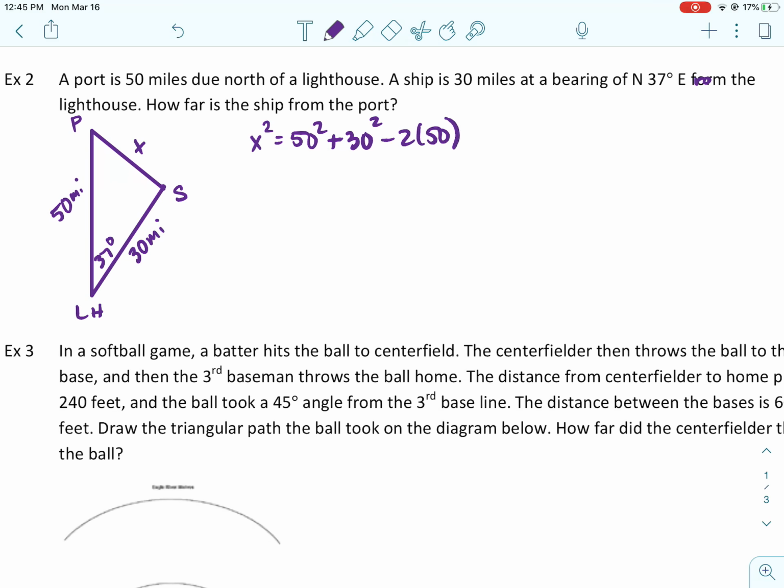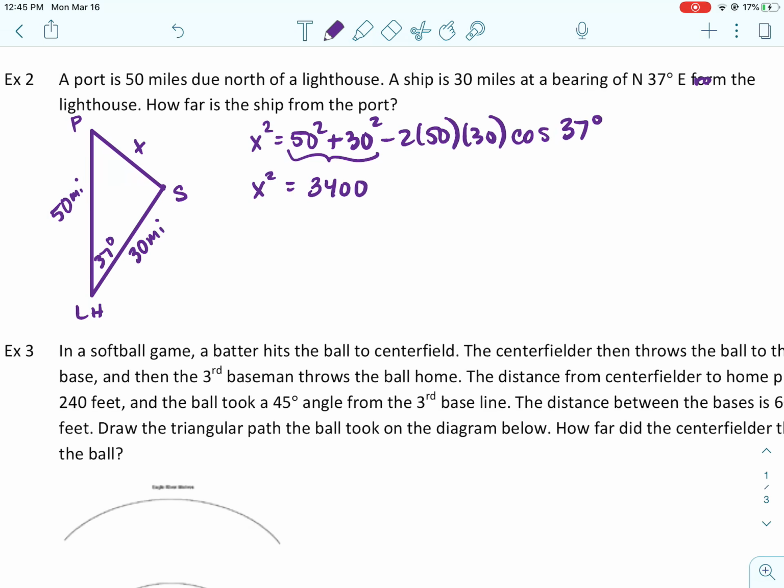So what we would say is that x squared is equal to 50 squared plus 30 squared minus 2 times 50 times 30. This is just the law of cosines times the cosine of 37 degrees. All right. Now it's possible the answer might be left like that on the ACT.